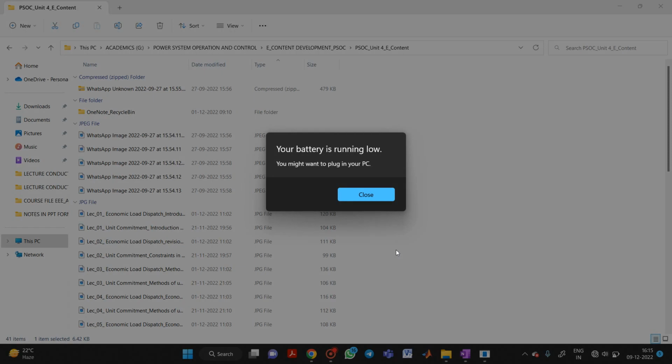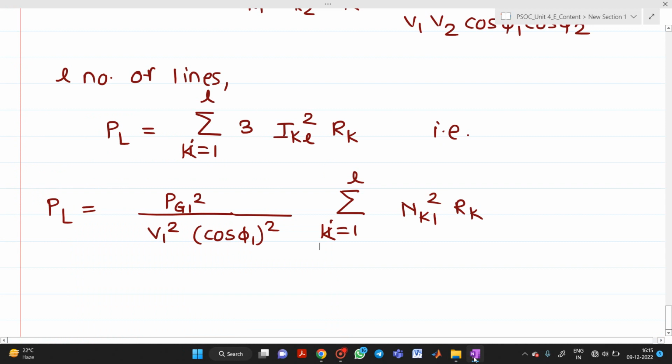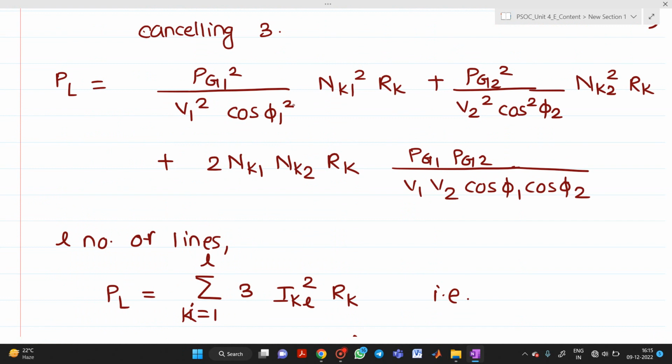Okay, so here again for the next term, it will be plus. Now please see this term Pg2 square upon V2 square cos phi 2 square. Before that we have to write a summation, because there are L number of lines.